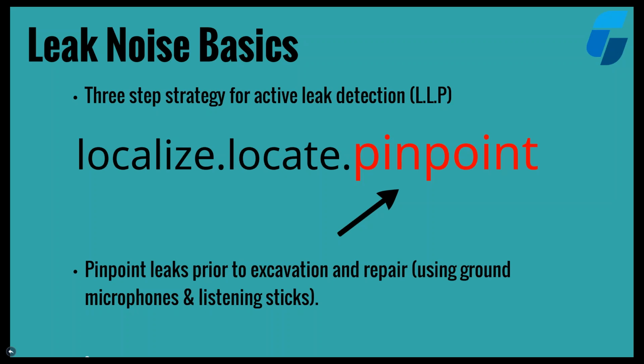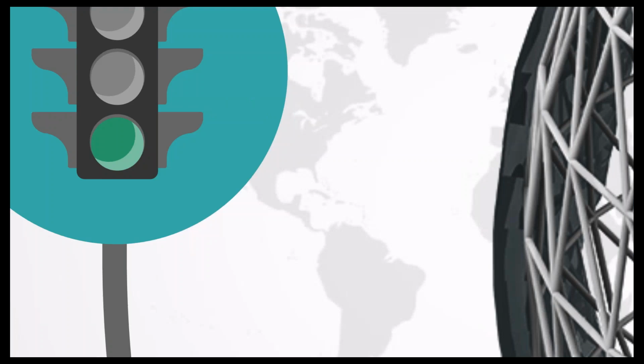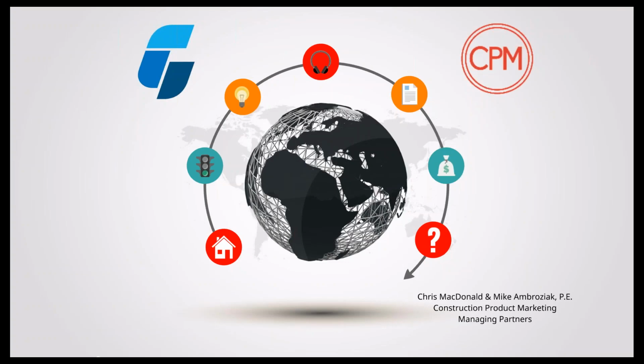Because the noise with the correlators isn't always 100% accurate, despite what companies will tell you. There are sometimes challenges because of the way leak noises transmit through different pipe materials. So those are the basics of a leak detection program.